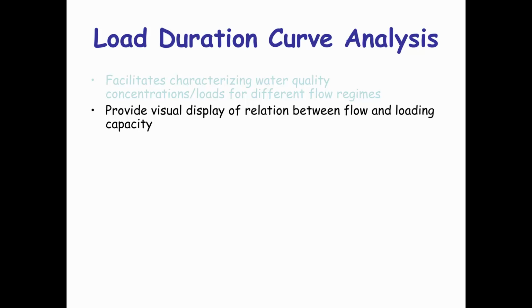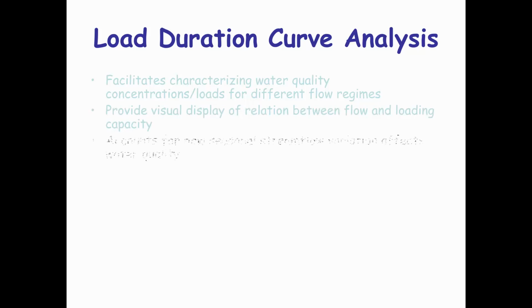Otherwise, if it's above that target value, then it is considered to be impaired. And the flow conditions where that impairment occurs can be observed in a load duration curve analysis.